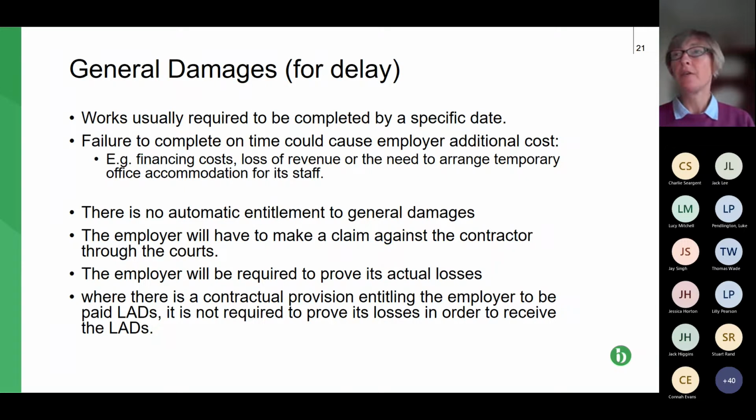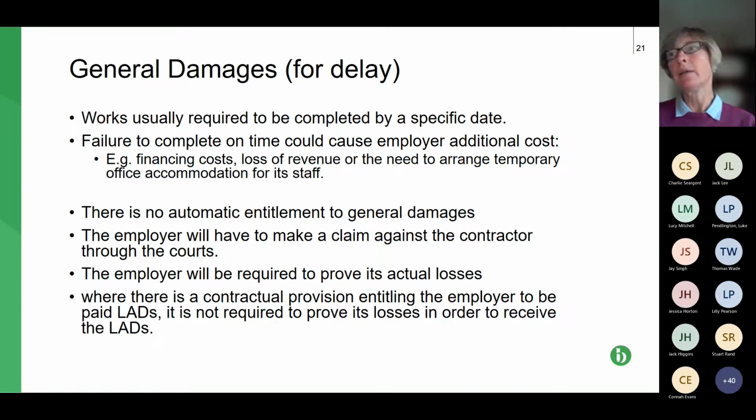So typically we have provisions to determine who is responsible for various delays, because we've got different types of delay. We've got delays that can be caused by the employer. If, for example, the employer is in breach of contract, it was required to provide a decision about something by X date, it failed to do so, and therefore the contractor hasn't been able to proceed.